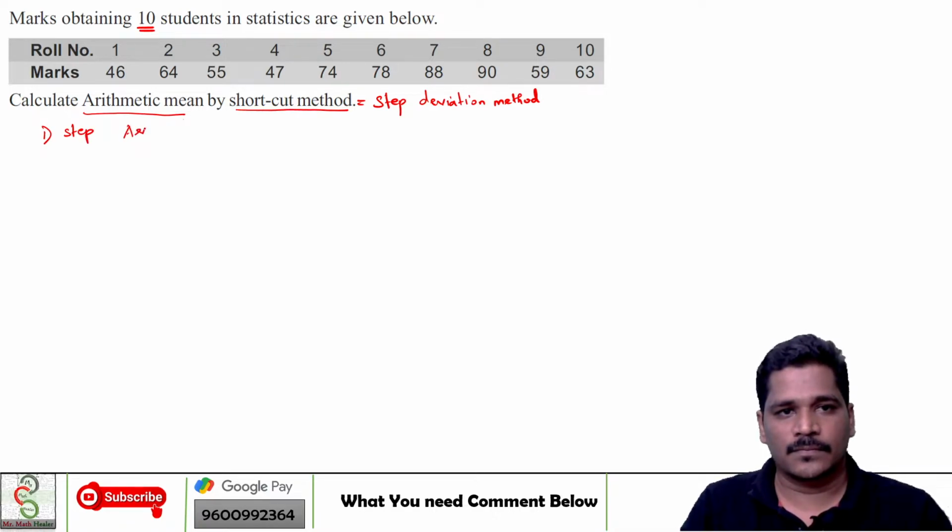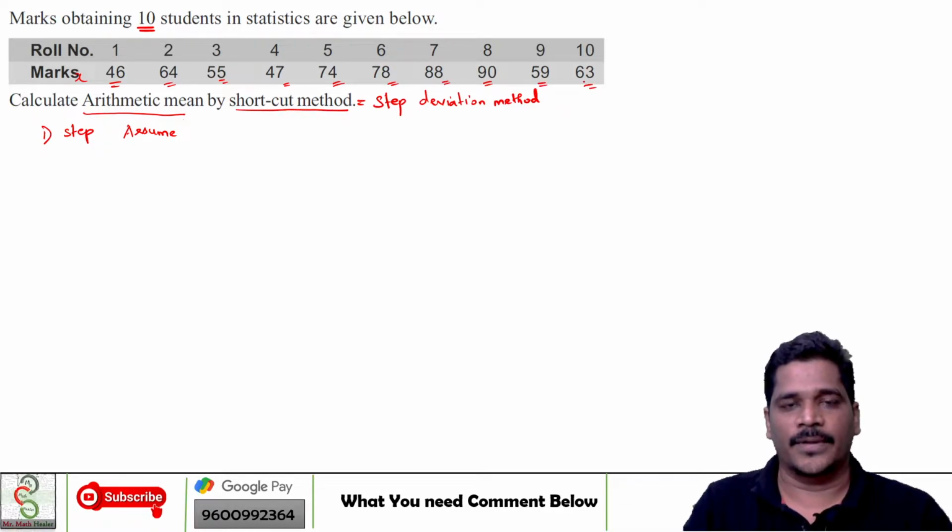assume a particular x value as a. Here the x values are 46, 64, 55, 47, 74, 78, 84, 90, 59 and 63.